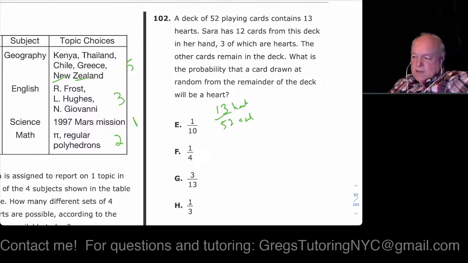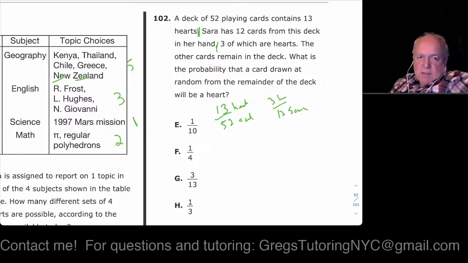Sarah has 12 cards from the deck in her hand, 3 of which are hearts. So Sarah basically removed 12, if you will. So 3 hearts out of Sarah's 12 cards. So I'm just going to put Sarah there. That's her total. Okay, so we're up to here.